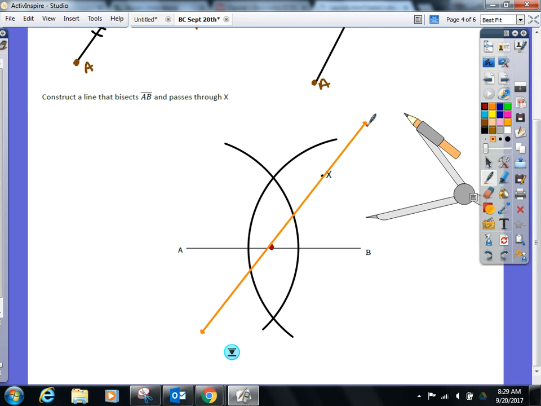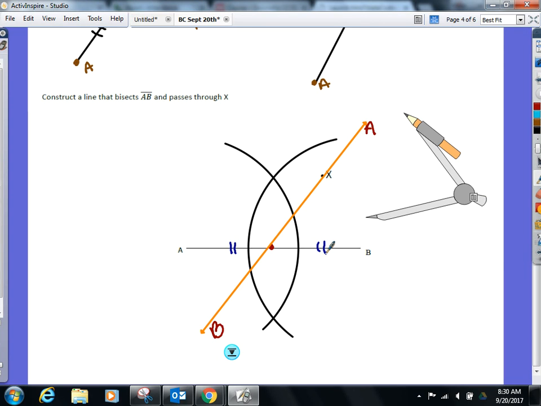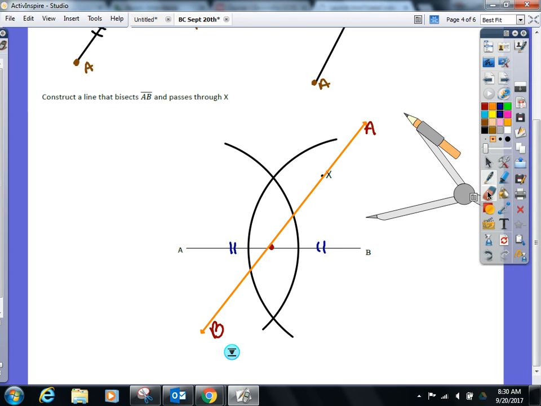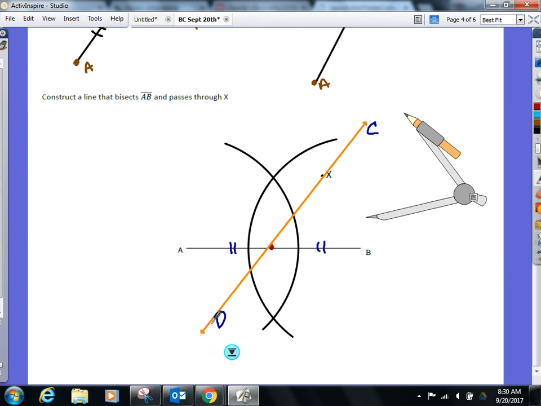And correct markings on your diagram if you forgot. Oh, I don't want to call that AB. We can call it whatever we want. Not AB. CD. Okay.